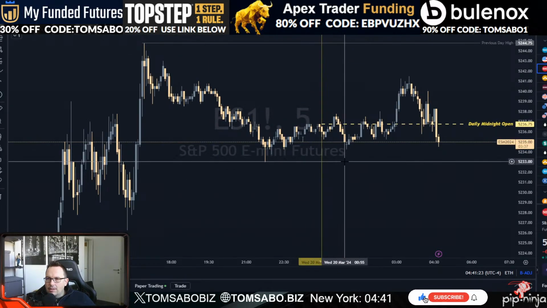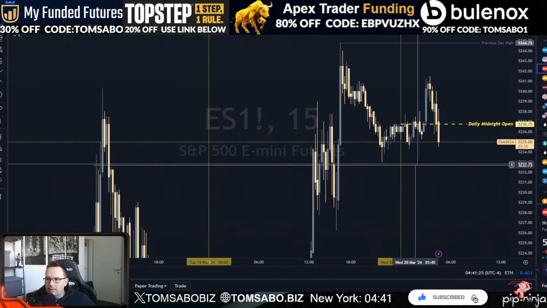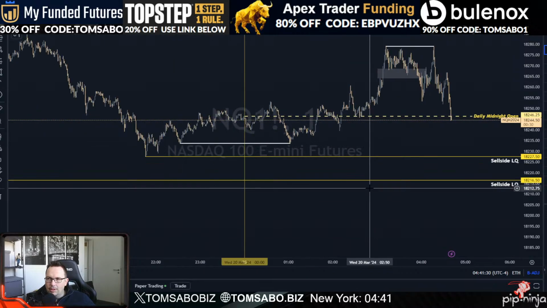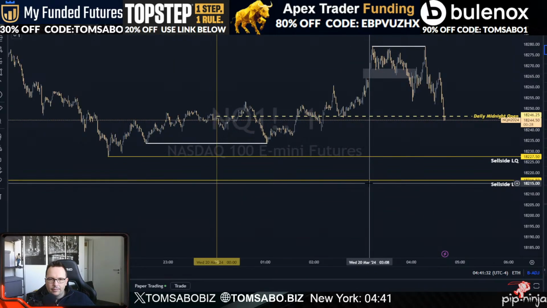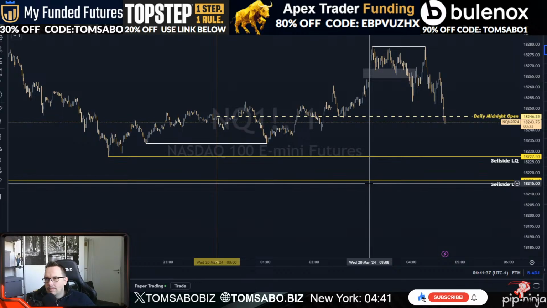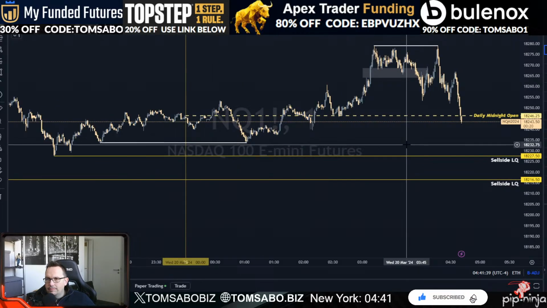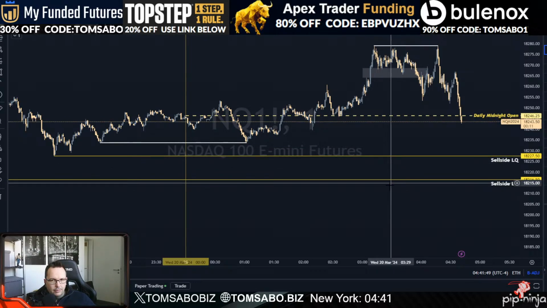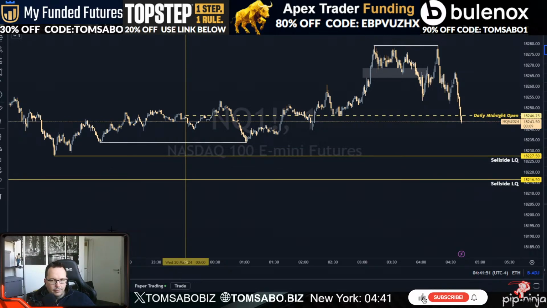And if ES goes down to take that low here, it's going to pull NQ with it. Still going. I don't think that much will happen.